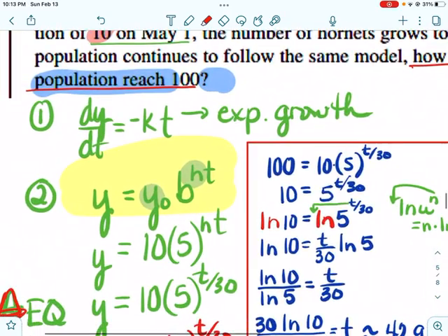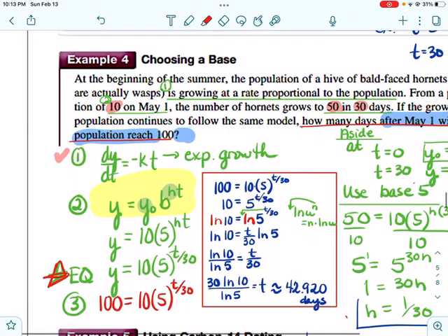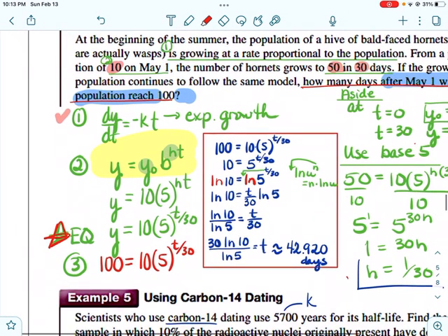Again, we start off with our dy/dt equal to kt, our exponential growth and decay formula, and we know that it's going upward. Now we start off with our equation: y is equal to y sub 0 times a base b to the ht that we're using.